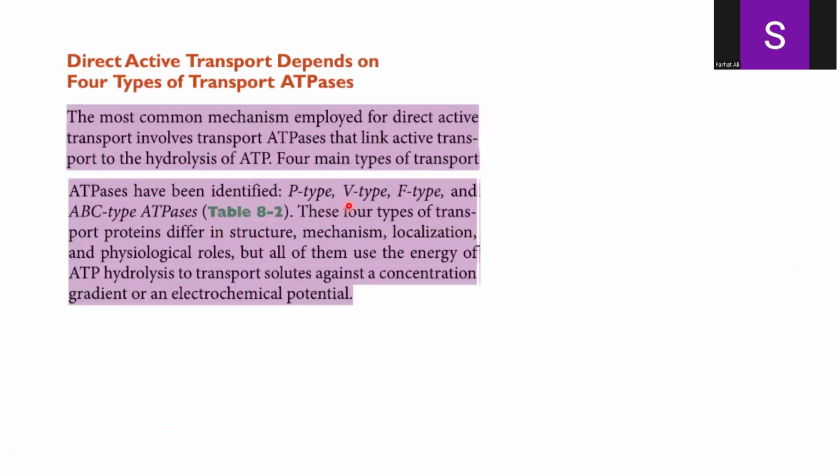There are different types of ATPases which are involved in the process of transport. These are called P-type, V-type, F-type, and ABC type ATPases. They are different in terms of their structure, cellular localization, and their functions.